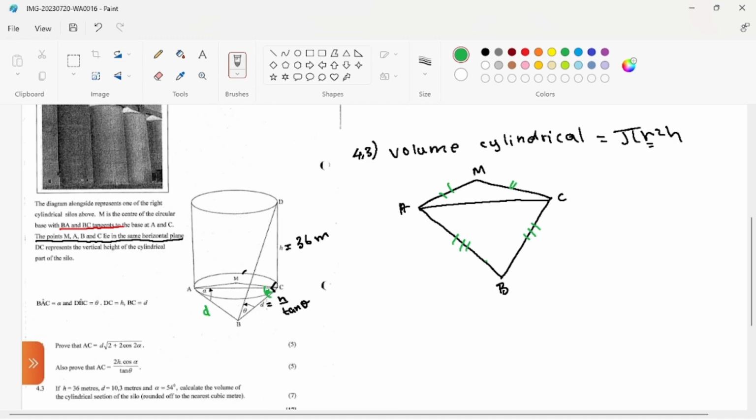Because M and B are on the same line, and we were told that M is the center of that cylindrical shape. So you can say BC is equal to AB, with the reasoning that it's a kite.